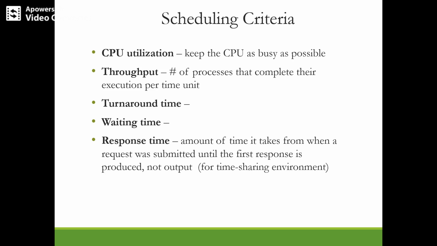So another measure is the time from the submission of a request until the first response is produced. That is called the response time. If the response time is quick, we can say the system is fast. So response time is the time from the submission of a request until the first response is obtained.